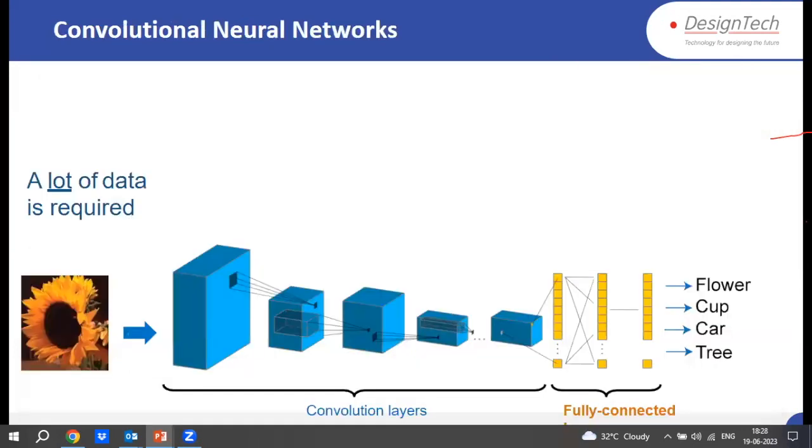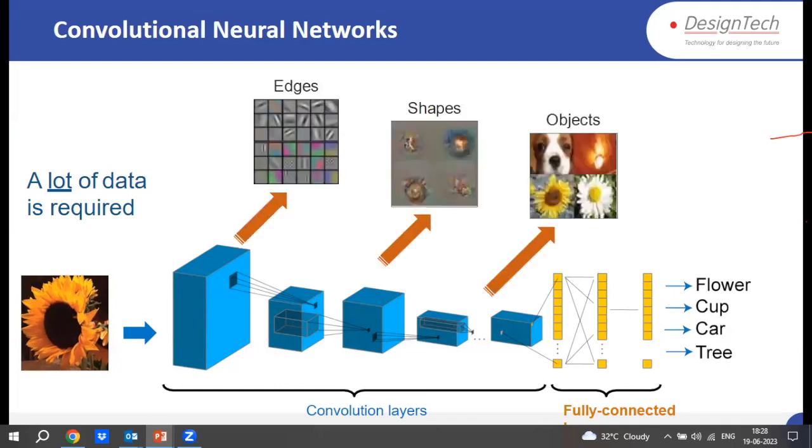Now we will see how a CNN works, and how we pass image data to the convolution layer. CNN is a convolutional neural network. It is made up of various layers. I pass my data to the initial layer, and the initial layer finds some low level features from my image.